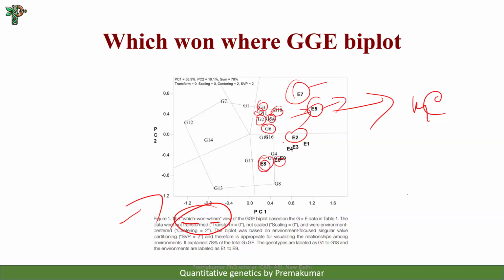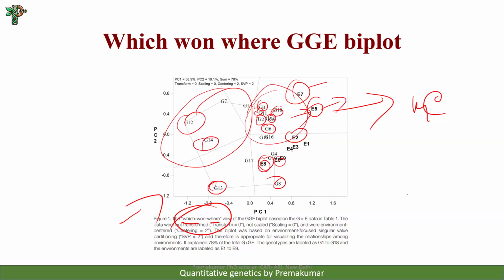And in environment 8, you can see some genotypes are extreme to the environment. Based on that, we can interpret which genotypes perform in which environment and which is the better environment. This is called the mega environment, where most of the genotypes perform better. Like this, there are many interpretations we can draw from the GGE biplot.